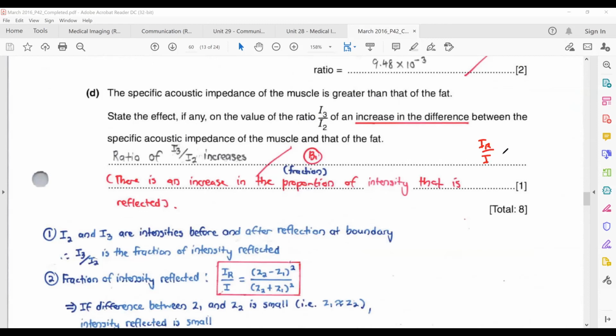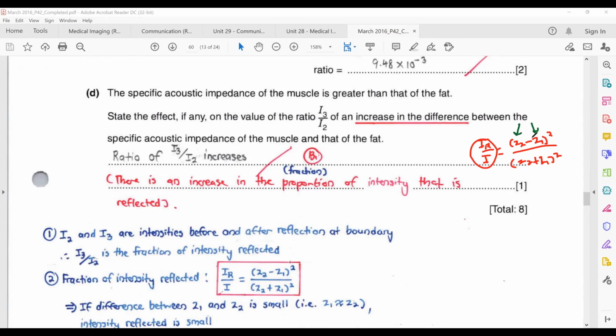So when it comes to the fraction of intensity reflected, I mentioned a few things about it, right? IR over I being (Z2 minus Z1) squared over (Z2 plus Z1) squared. Whether your fraction of intensity reflected will be large or small depends on the difference between Z1 and Z2.